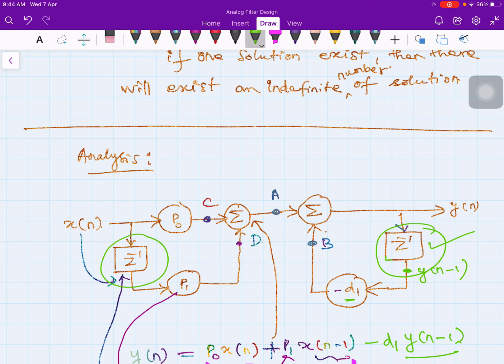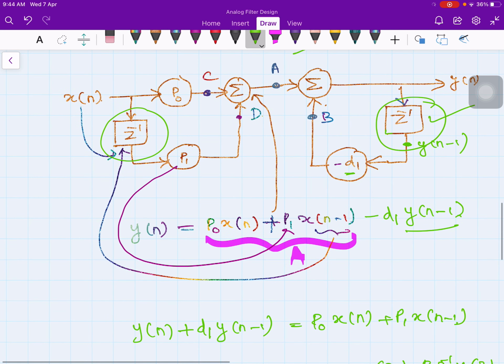So this is not canonic in structure. The structure which was given to us is not canonic. This is a fact. See, this is a first order filter, right? And therefore it should require only one delay. It should not require more than one delay.